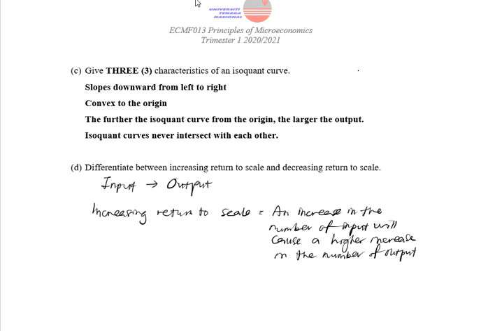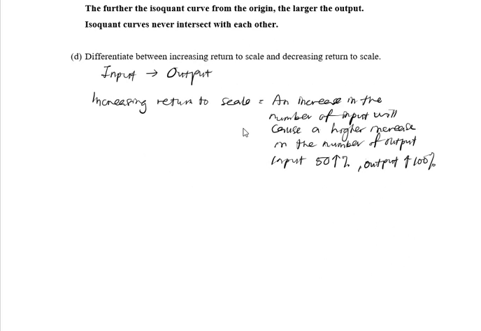For example, if input increases by 50%, output will increase even more, let's say 100%. That is increasing return to scale.